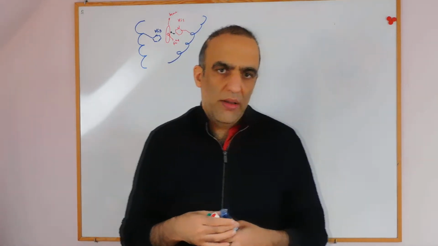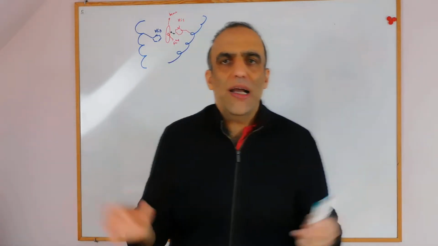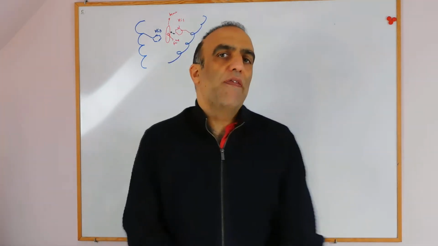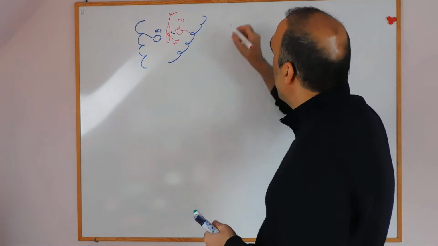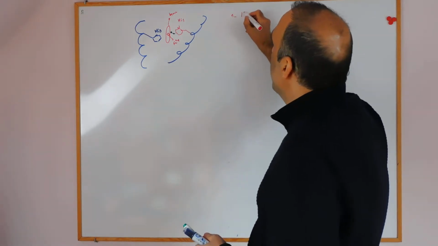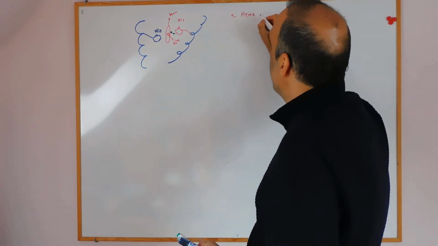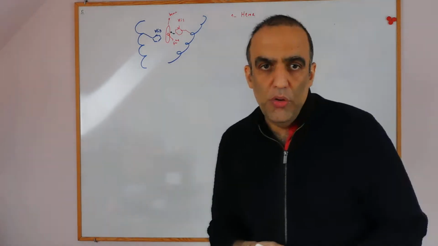And we can classify different groups of the globular protein. The first type of the globular protein contains the heme. It's very important.